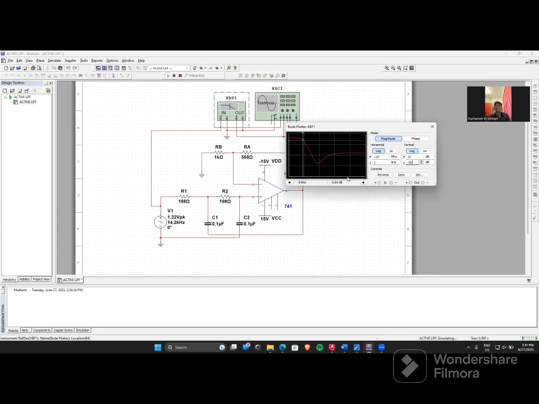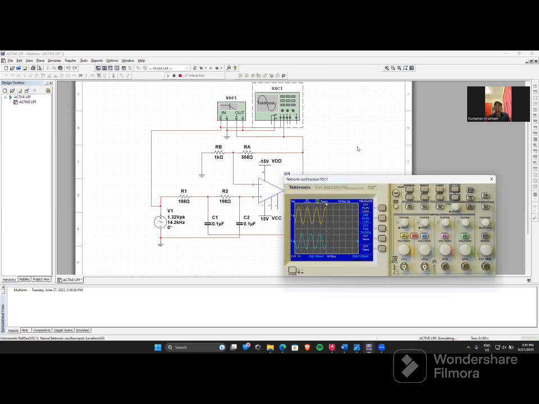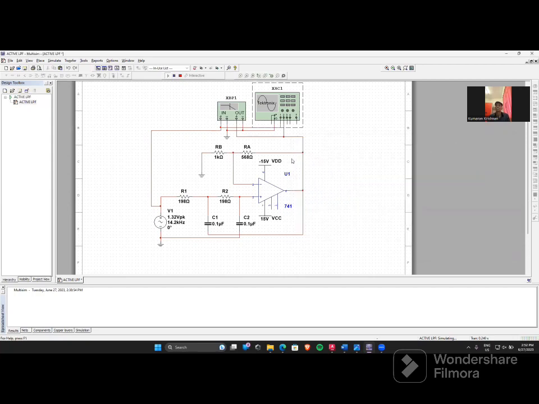The magnitude at my cutoff frequency is 0.84 dB, and the peak to peak output voltage of my circuit is 1.23 volt. My output frequency is 14.2 kilohertz. That's all from me today. Thank you.